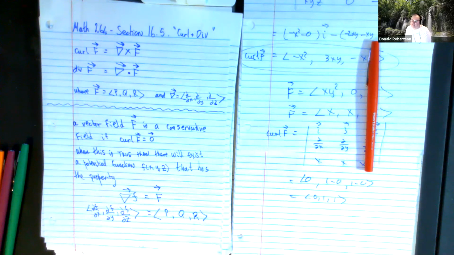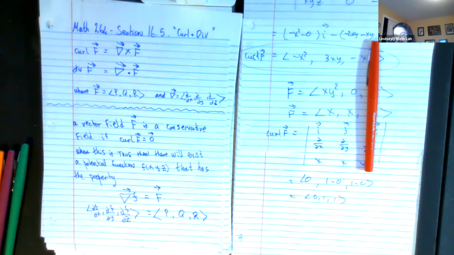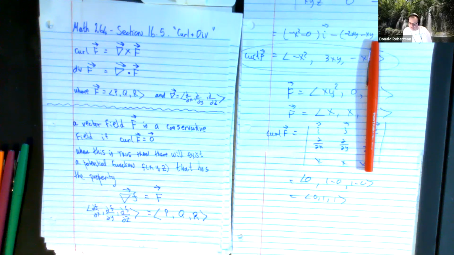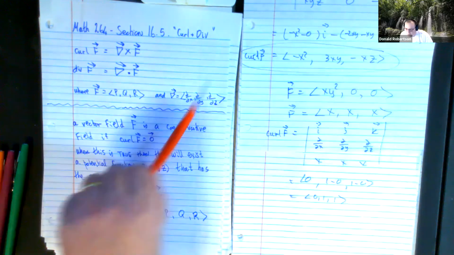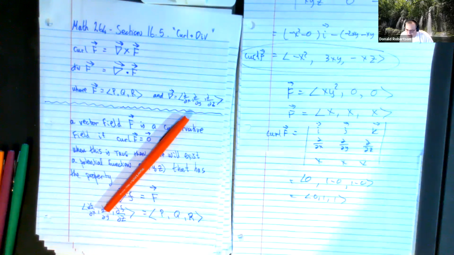Interesting. Weird, totally weird. Because what that would mean is that this vector field, at any point in 3D space, the vector is just pointing in the direction of whatever the x coordinate is. So it's like pointing at 5, 5, 5, 7, 7, 7.